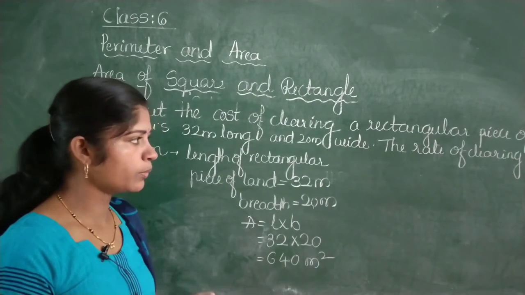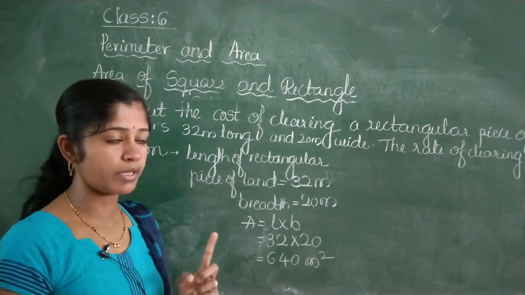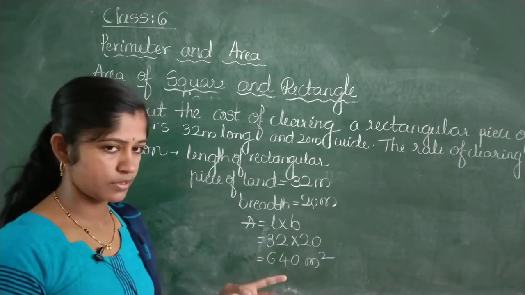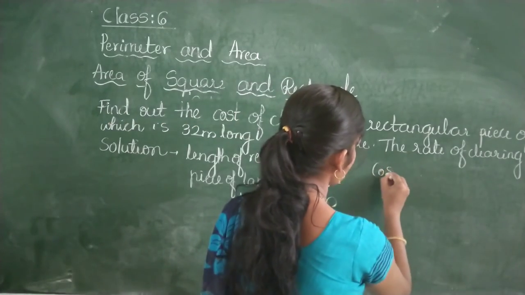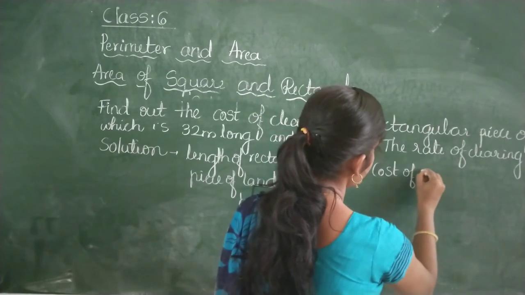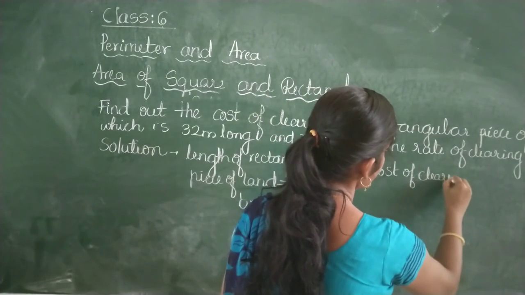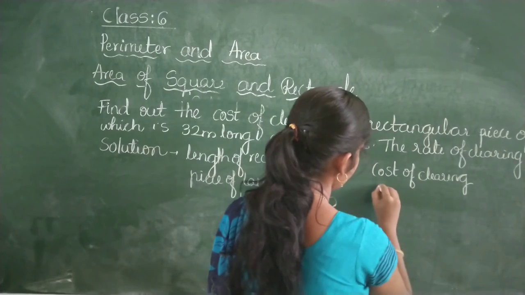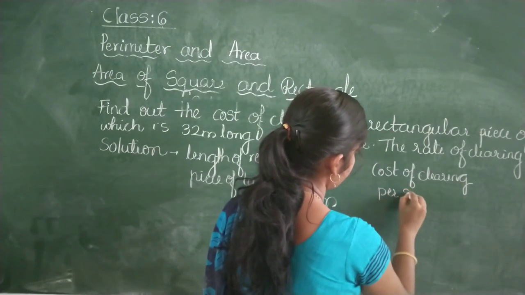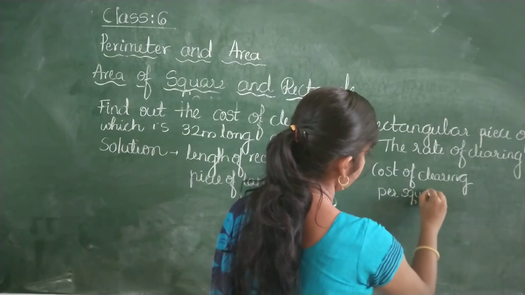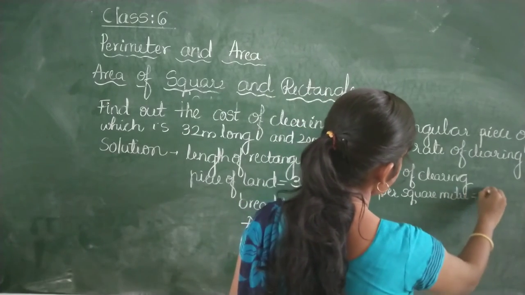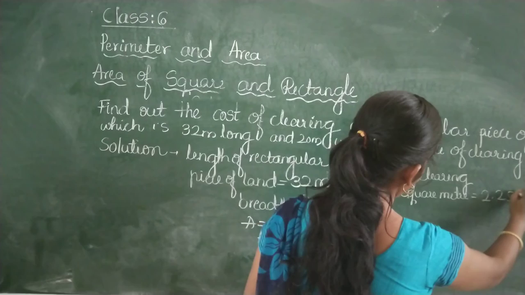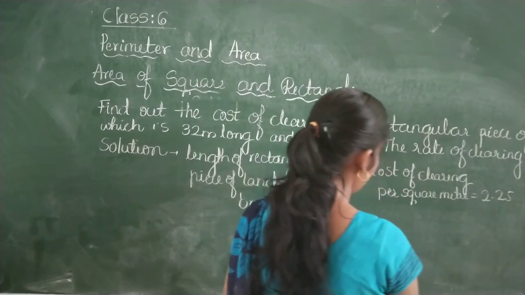To clean that rectangular field, how much do you need? For 1 per square meter, 2.25 rupees. So here you write the cost of clearing per square meter is 2.25 rupees.